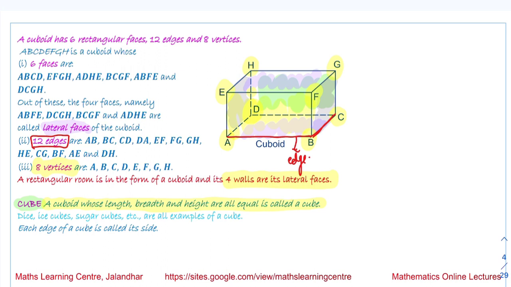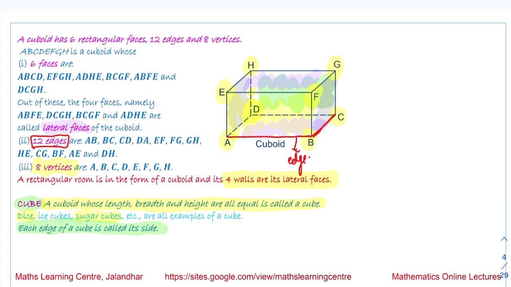All the faces are squares. Examples are dice and sugar cubes, though not all sugar cubes; if all the sides are equal in length, then it is a cube. It is written here that each edge of a cube is called its side.